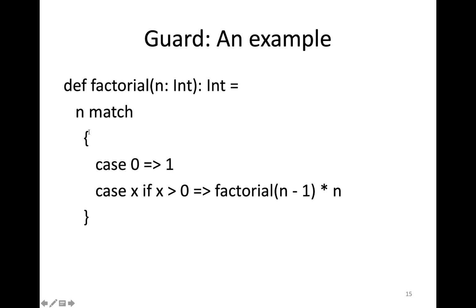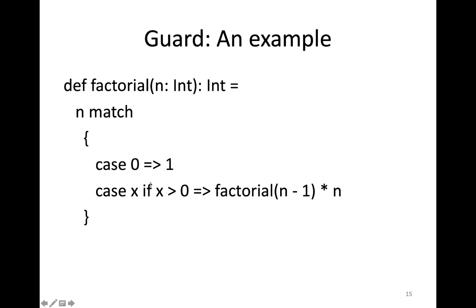Okay. Another example, we are using factorial function, and here the input is n, and if n matches with 0, then output is 1. Remember, factorial 0 is 1. And in other case, we are doing something else, right? Now here, another interesting thing to see is that in other case, we can also add an extra condition.